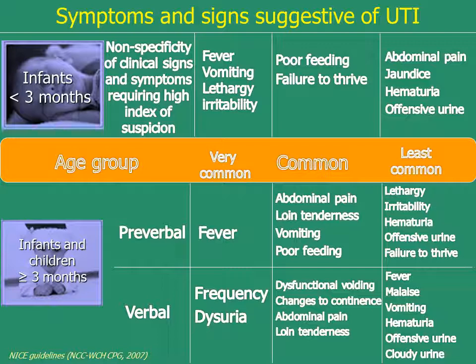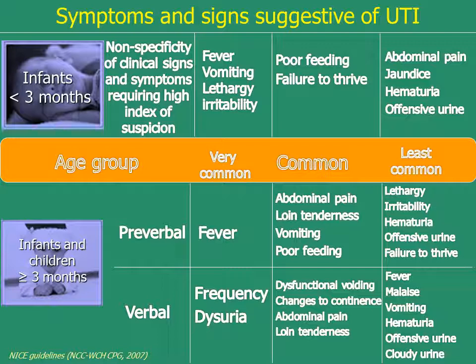Other nonspecific manifestations include irritability, poor feeding, anorexia, vomiting, recurrent abdominal pain, and failure to thrive. Specific symptoms and signs include increased or decreased number of wet diapers, malodorous urine, and discomfort with urination.